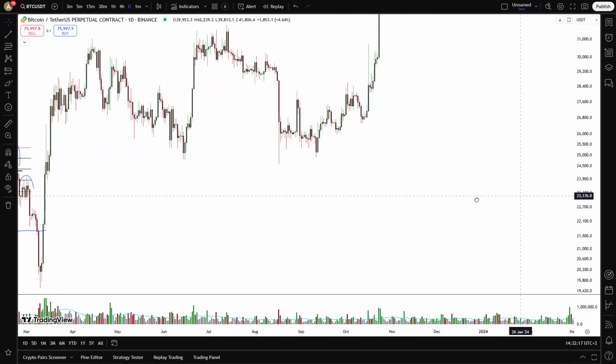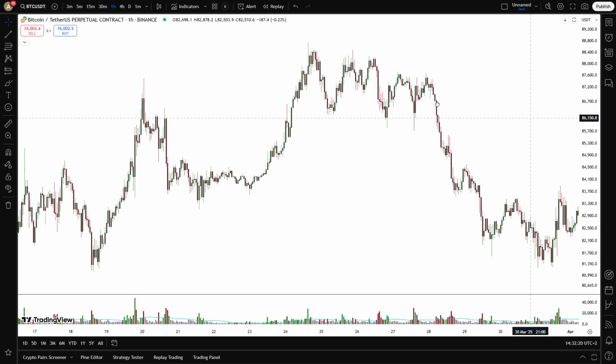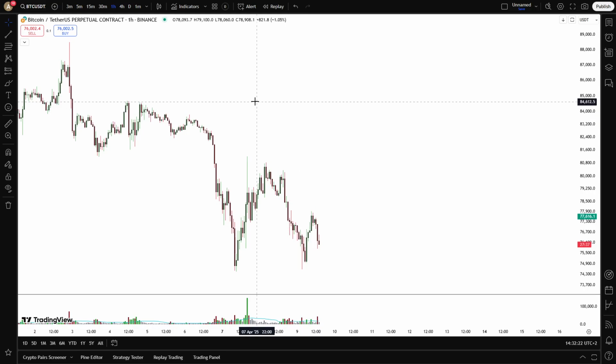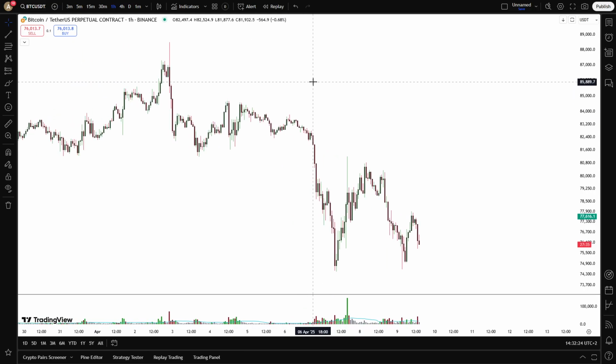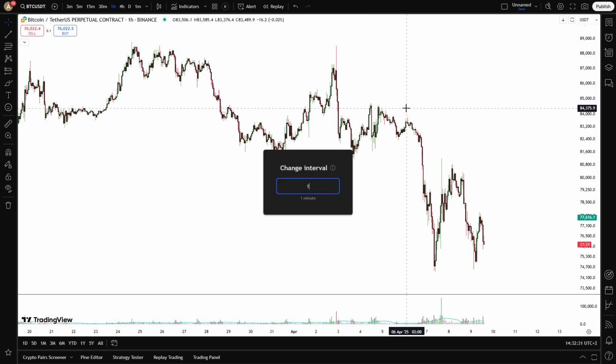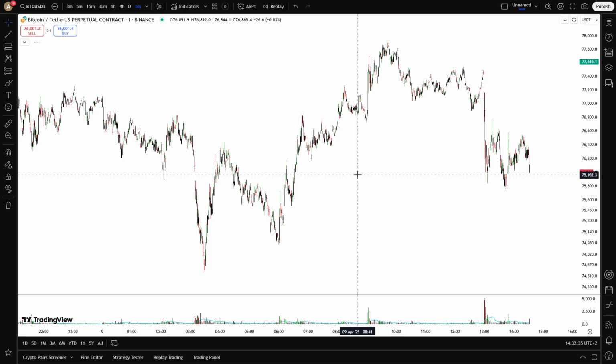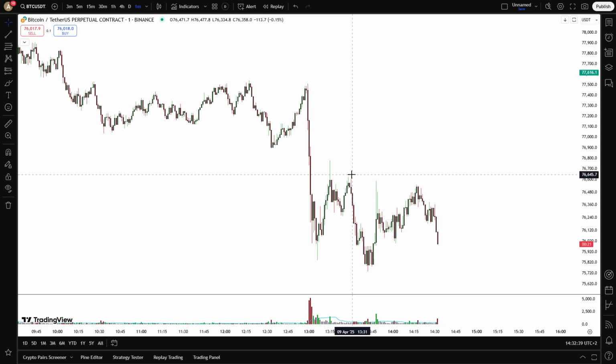Now, let's look if we can find this pattern on a lower time frame, because it sets up quite often. I'm pretty sure we had one on the 1 minute yesterday. Yes.